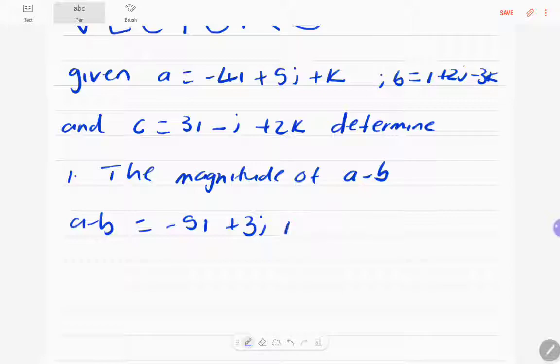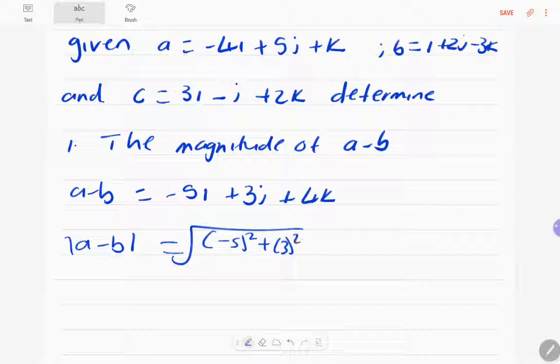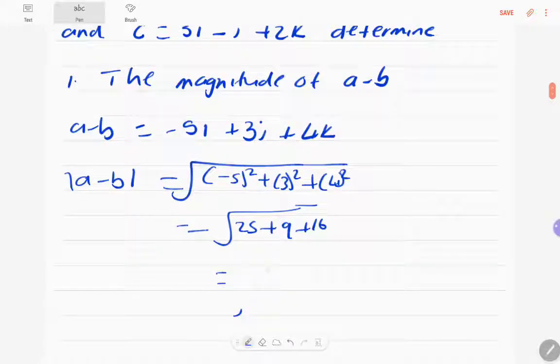It is a positive 4k. Then the magnitude of A minus B, we must find the root of minus 5 squared plus 3 squared plus 4 squared, which is the root of 25 plus 9 plus 16. This is the same as the root of 50. Now this is our magnitude.